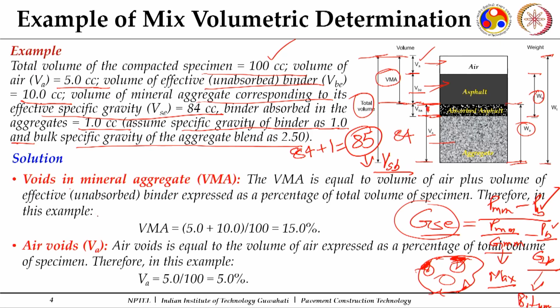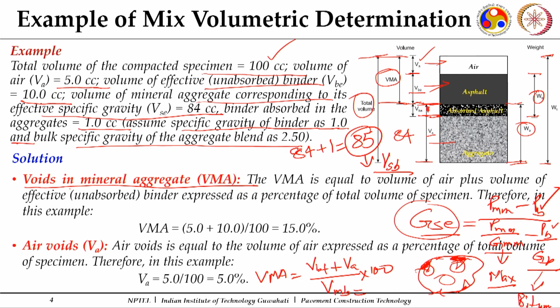First of all, we are trying to look for the voids in mineral aggregates. If you recall, voids in mineral aggregates, which we mentioned yesterday, was the volume of bitumen which is free or effective, plus the volume of air, divided by the volume of the mix, into 100 as it is to be expressed in percentage.